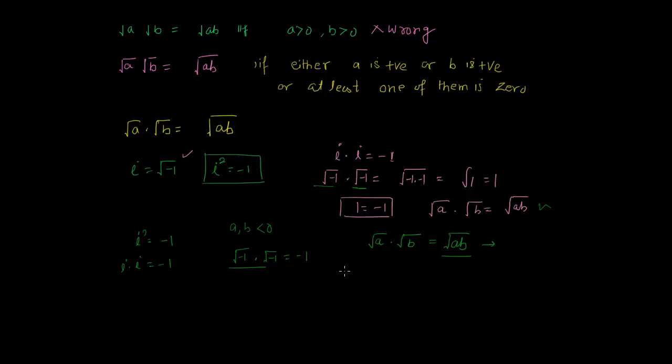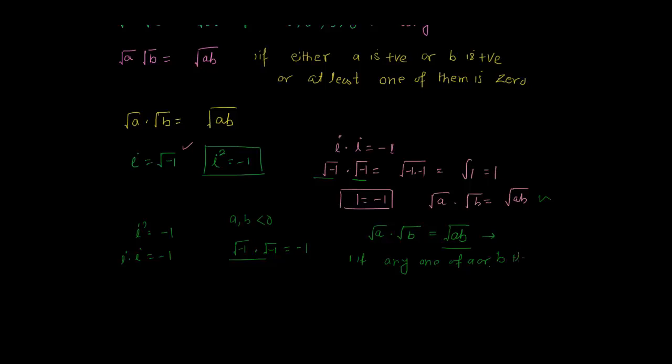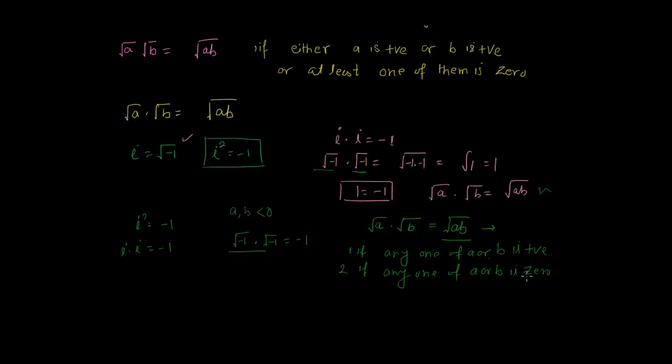This formula holds true if and only if any one of a or b is positive, or if any one of a or b is 0, or this formula holds true if a and b are positive.